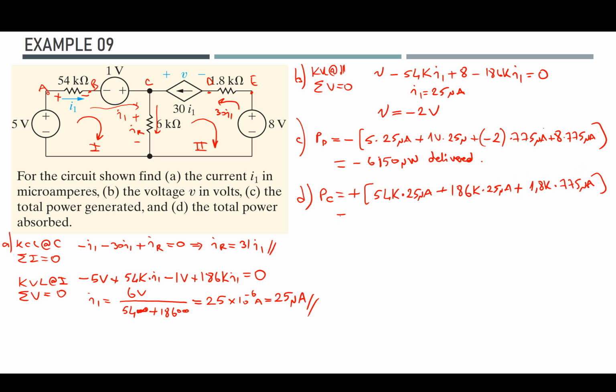In this case, the total consumed power can be calculated as 6150 microwatts.